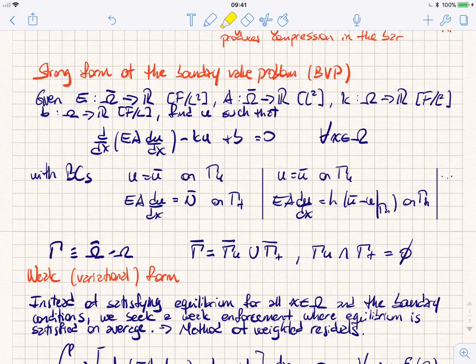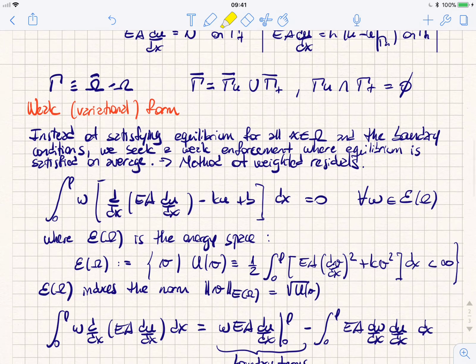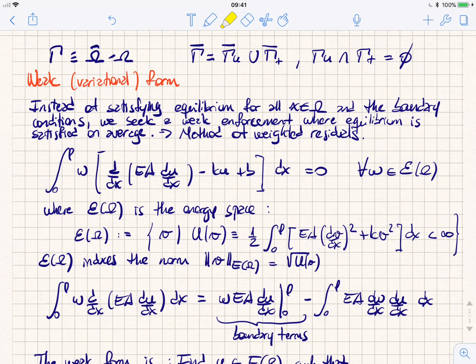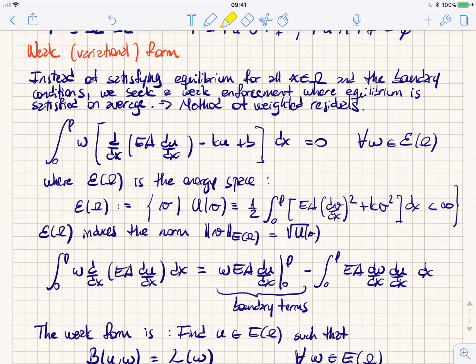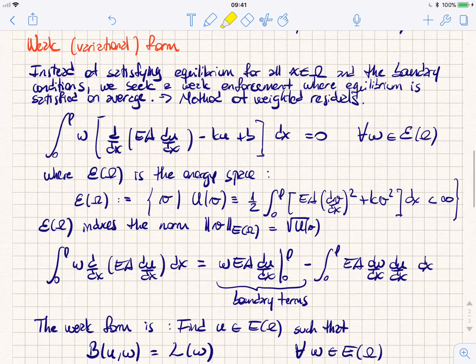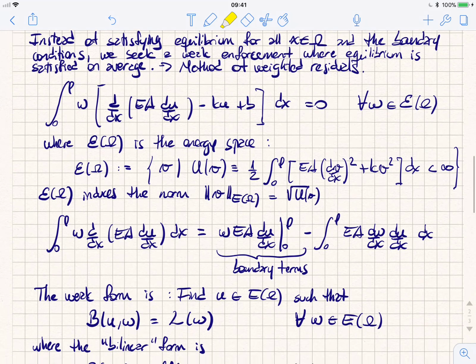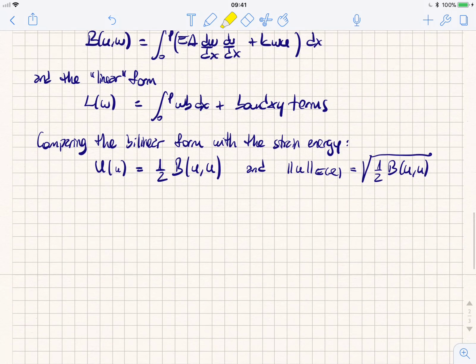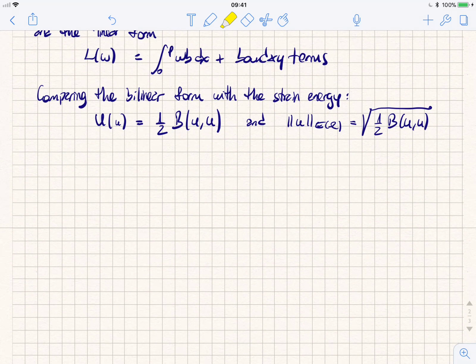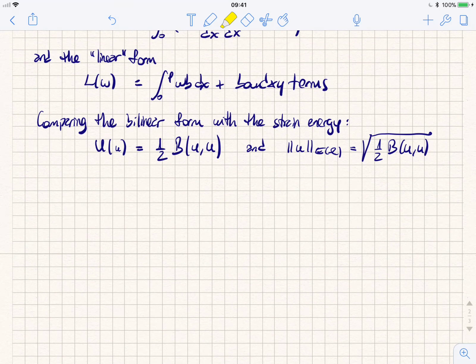And then we came up with the weak or variational form, which is basically average equilibrium satisfied along the bar. We also managed to write our weak or variational statement in a very abstract form, with the bilinear form, that you will find here and there.